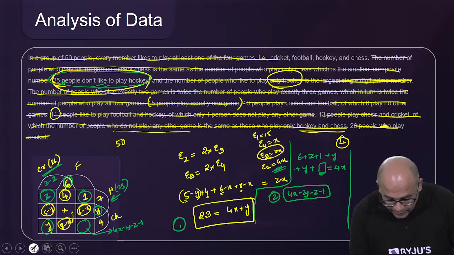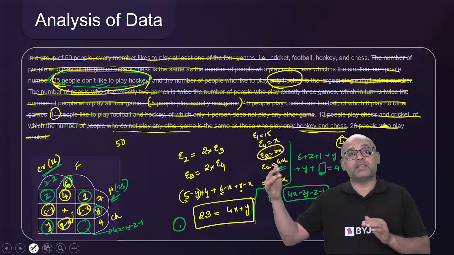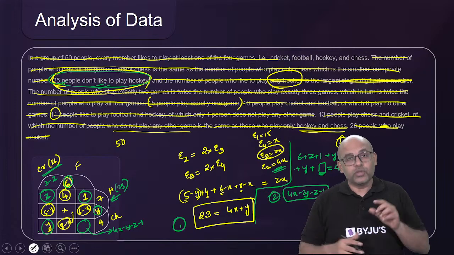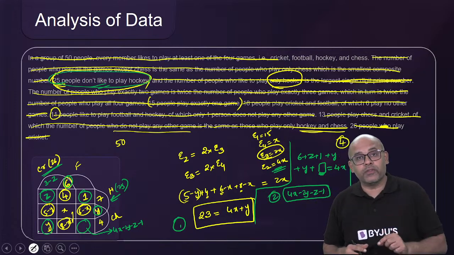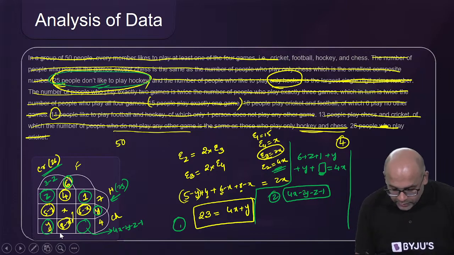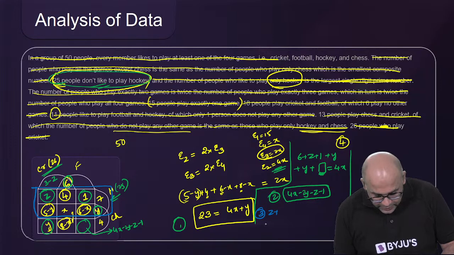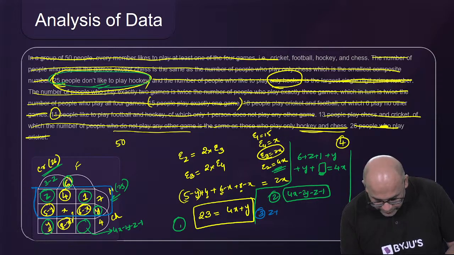So hockey, I will change the color. Again, as I said, this is not an easy question. These are moderate plus level questions, higher than moderate. So it will require a little bit of solving for you. So if I change this color into, let's say, blue color, this entire 12 plus, okay, y gets cancelled, x gets cancelled. So you have z plus, okay, x and x got cancelled, y and y got cancelled here.